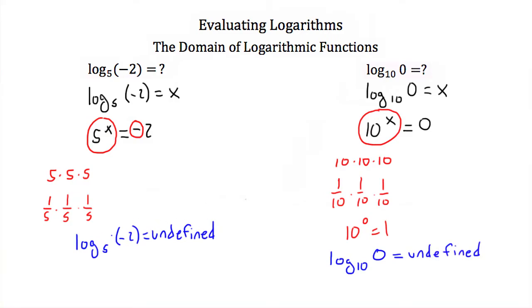Whenever you take the log of a number, that number has to be greater than 0. If I'm taking the log base b of x, x has to be greater than 0. Otherwise, my log function is undefined.